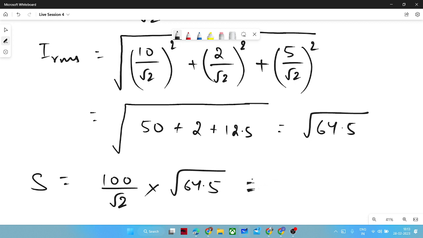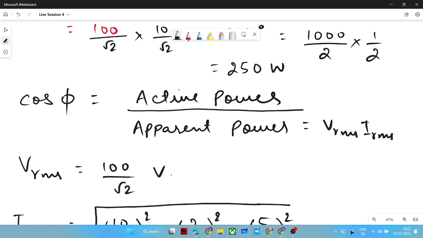Please calculate it for me. So, 567.89 volt ampere. Thanks a lot. So that would be your apparent power, and your real power was 250 watts.